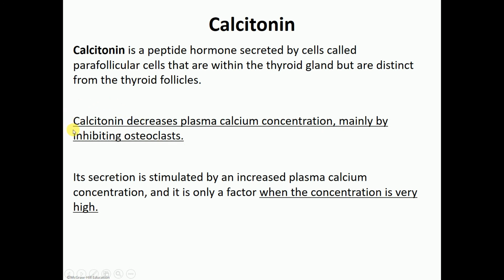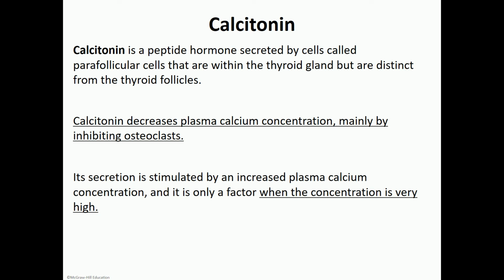I like to believe that calcitonin was named because it tones down the levels of calcium in blood. So calcitonin decreases our plasma calcium concentration, and it does so by inhibiting osteoclasts. When it inhibits osteoclasts, that leads to the inhibition of bone resorption.